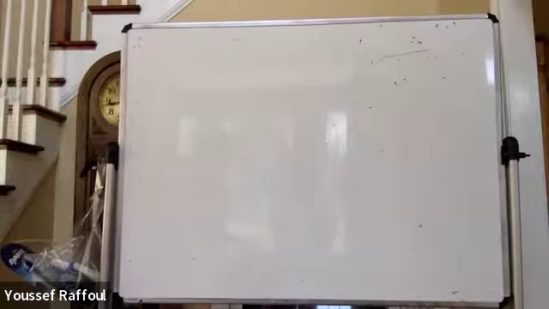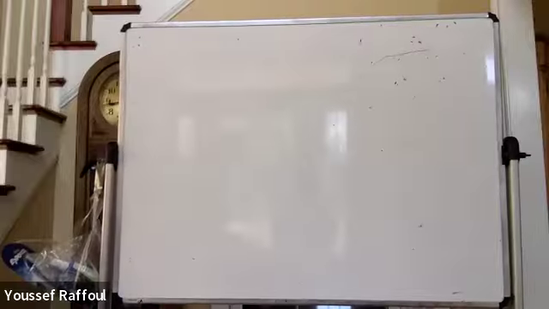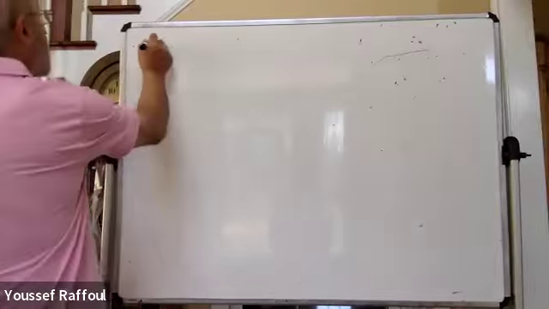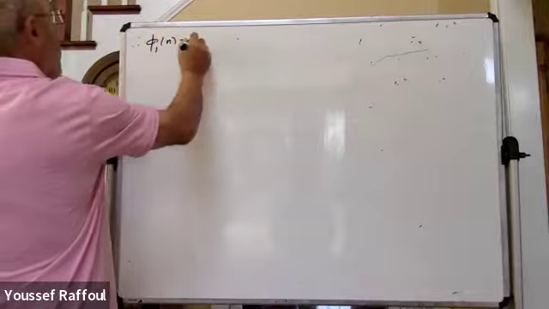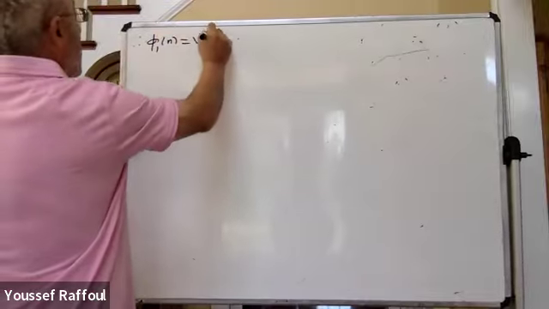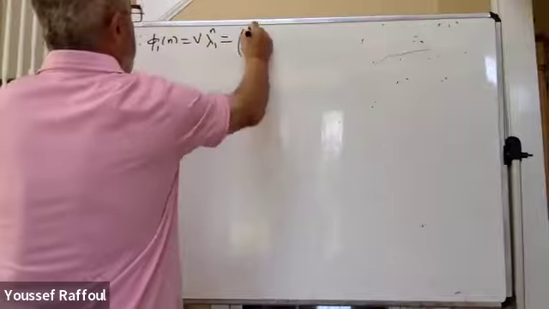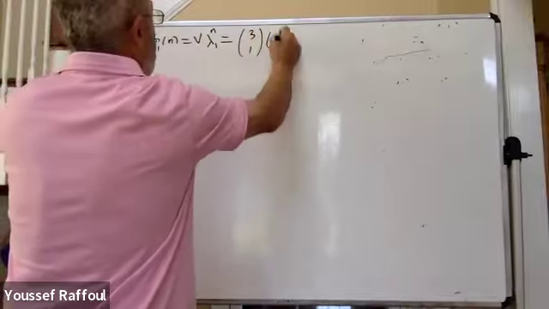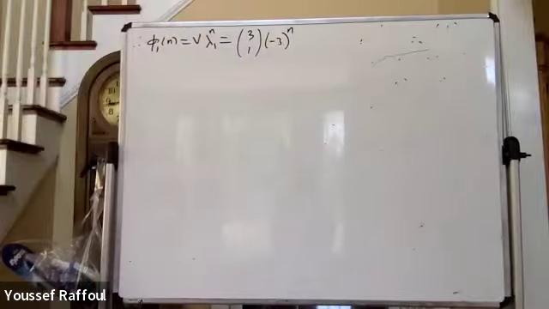So first of all now, phi 1 of n is V lambda 1 to the power n. That is the 3, 1 times minus 3 to the power n. So we know phi 1.